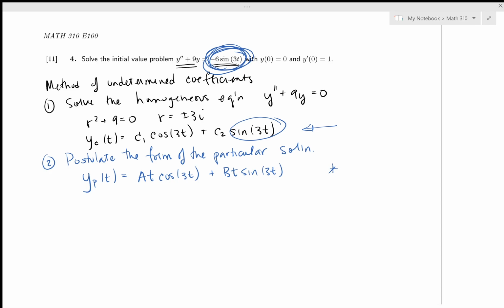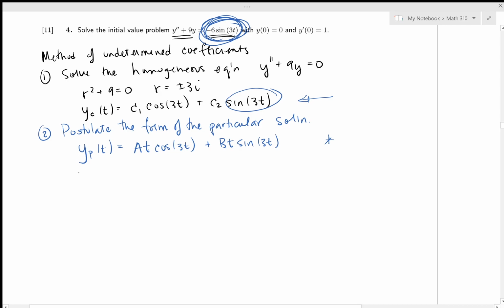Okay, then I have to go through and take the first and second derivatives, substitute into the differential equation, and figure out what A and B are. That is my goal here. It's a bit painful, but let's go ahead and do that. I will take the derivative.